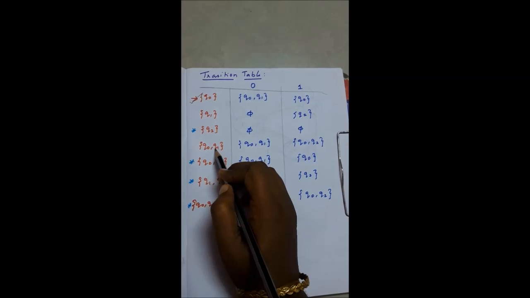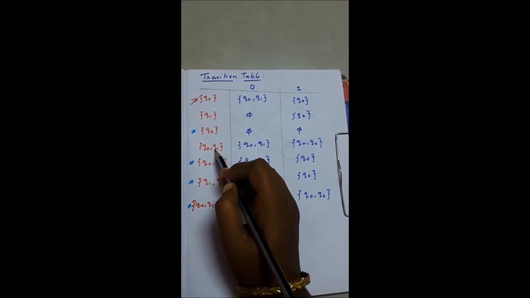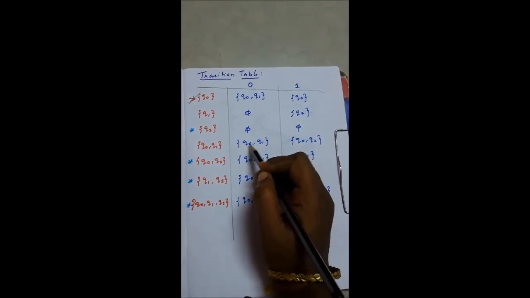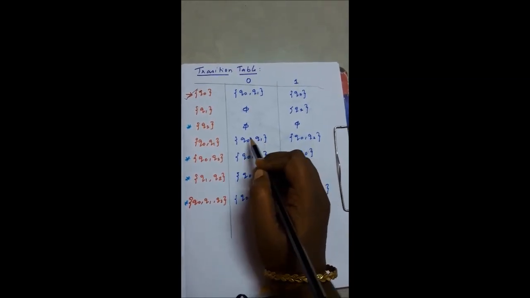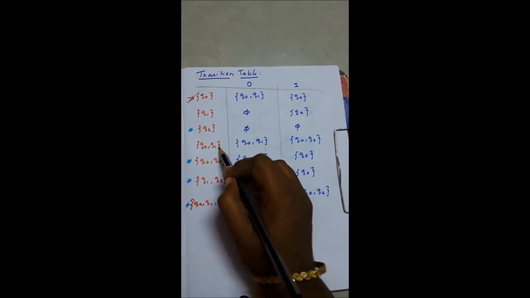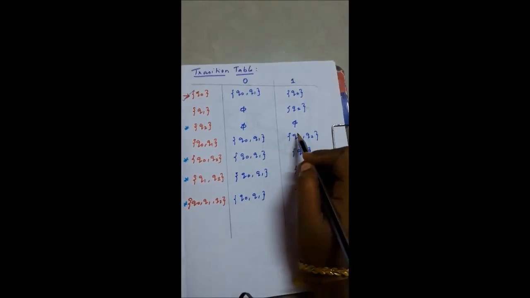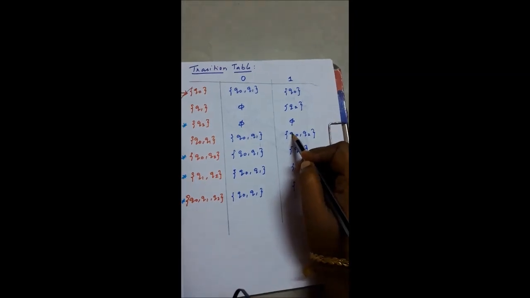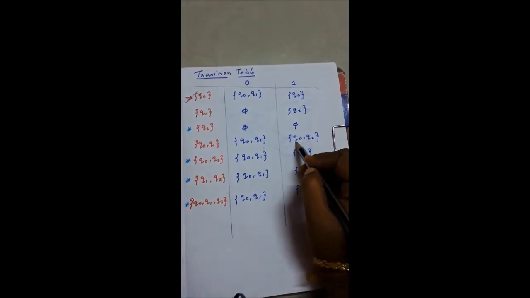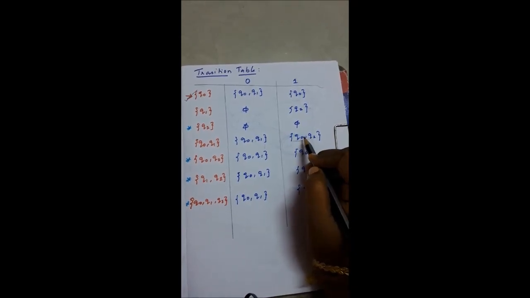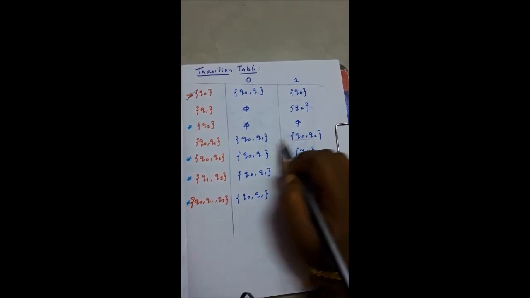In this state, if we give the input as 0, we get Q0Q1, which is already available, so nothing to worry about. Next, if we give the input as 1, we get the state Q0Q2. This is a new state, so we check whether it is available.